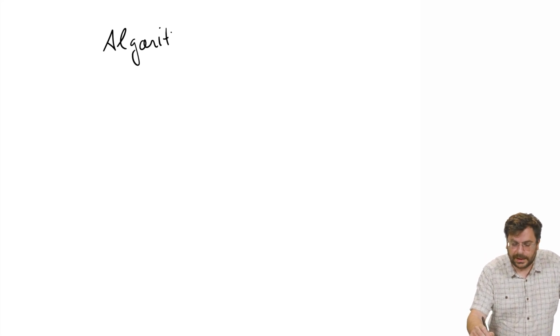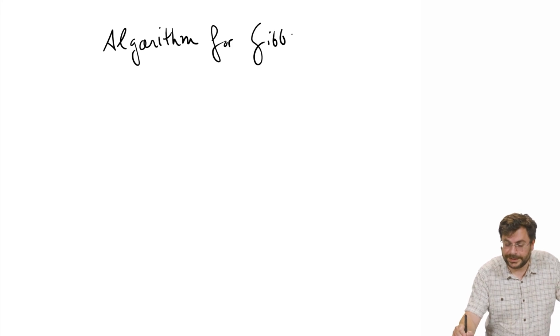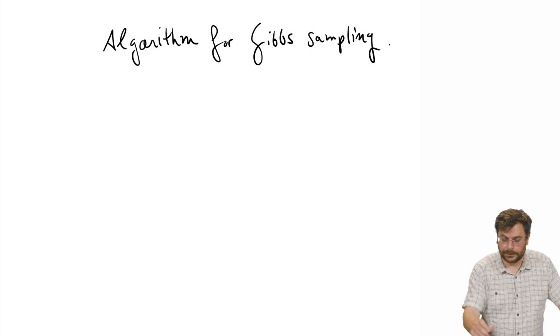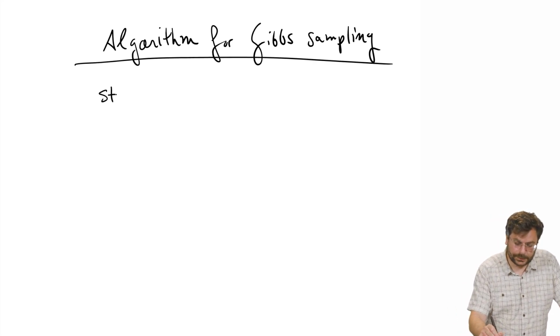So the algorithm for Gibbs sampling, written a little bit more generally, is as follows.